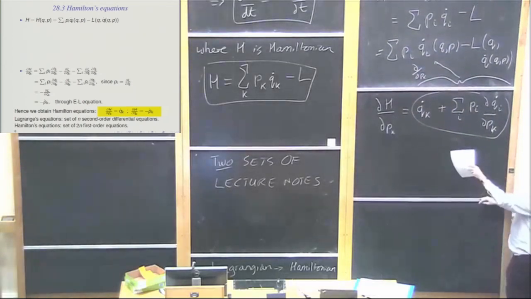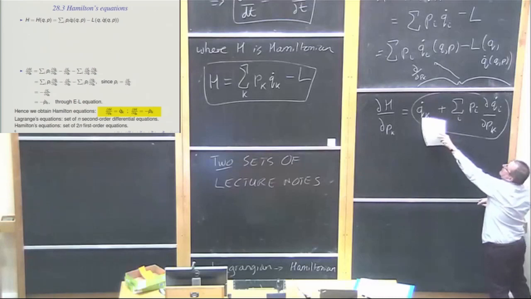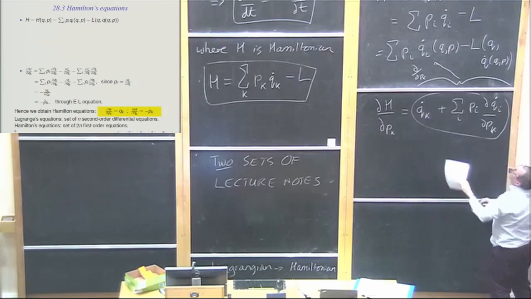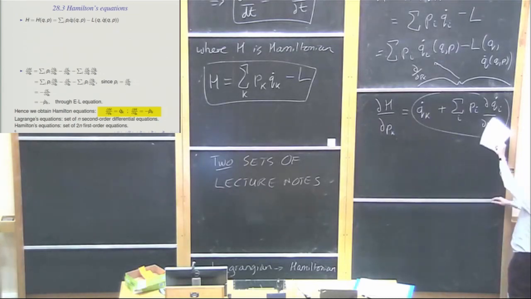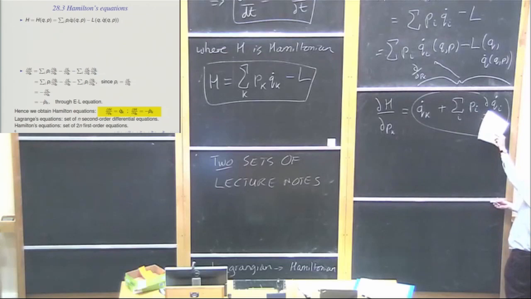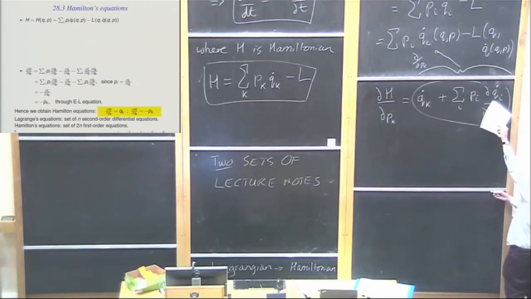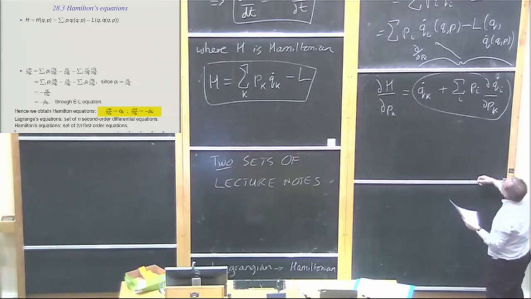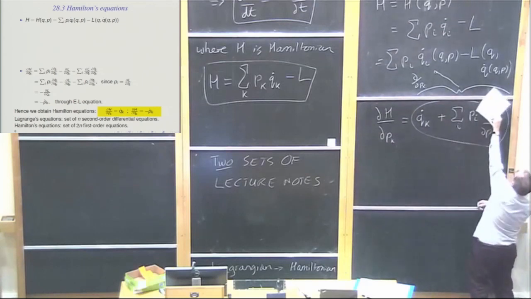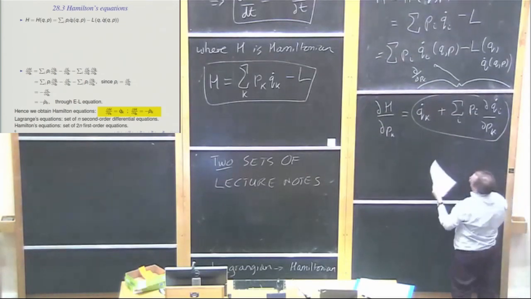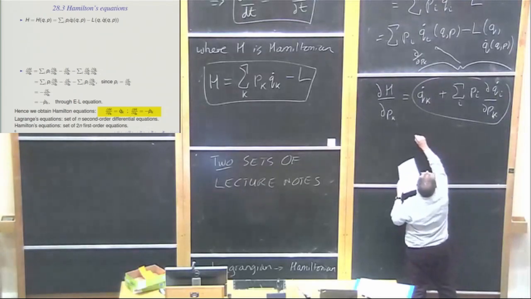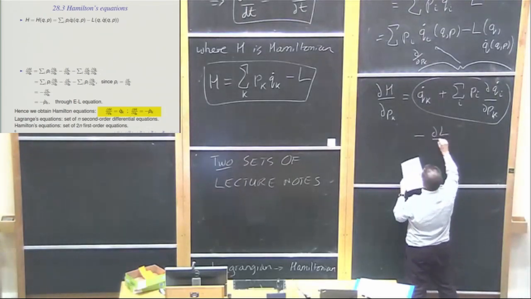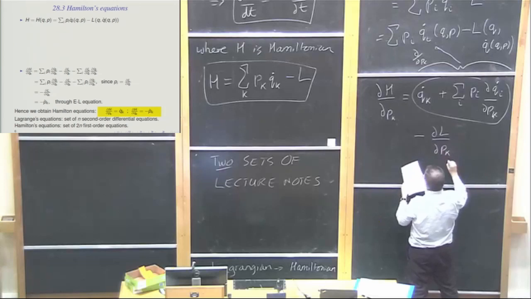Again, the manipulation will get rid of the sum in the first term, but we'll pick out q_k dot. Here, that won't happen, but we have a differential of dq_i dot with respect to dp_k. This is the real exercise in your partial differentiation. We now have to worry about the Lagrangian part, and so we have minus dL by dp_k.